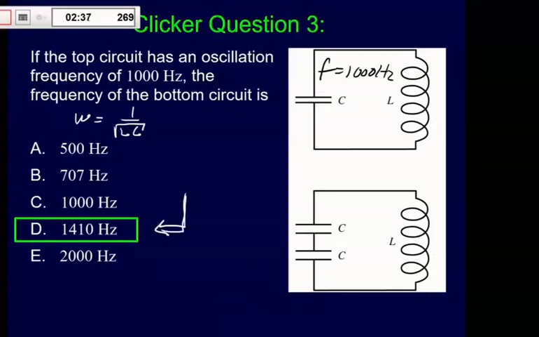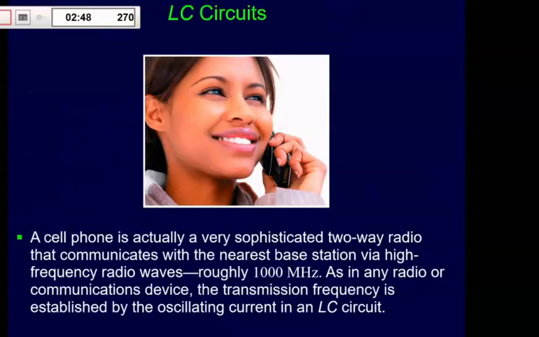And so this angular frequency is the kind of thing that you really want to remember because this is a useful thing for a circuit like this. So here's basically any kind of thing that accepts radio signals, any kind of communications device. What happens is there's all these kinds of signals all over the place with different frequencies.